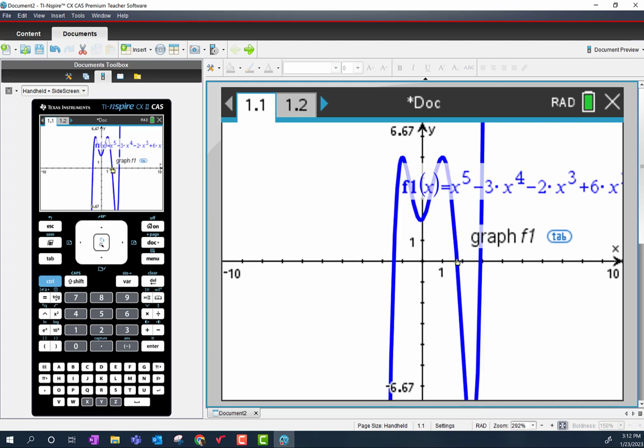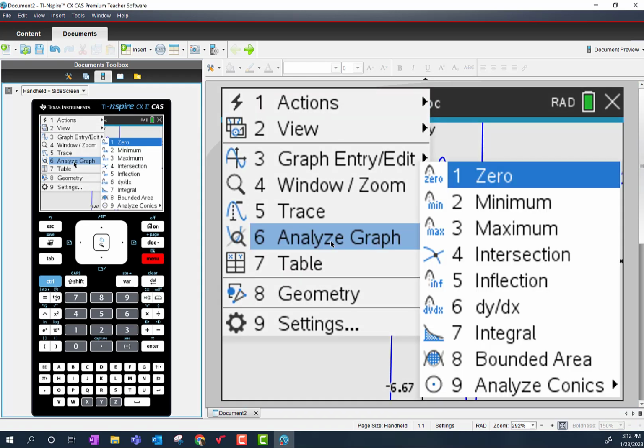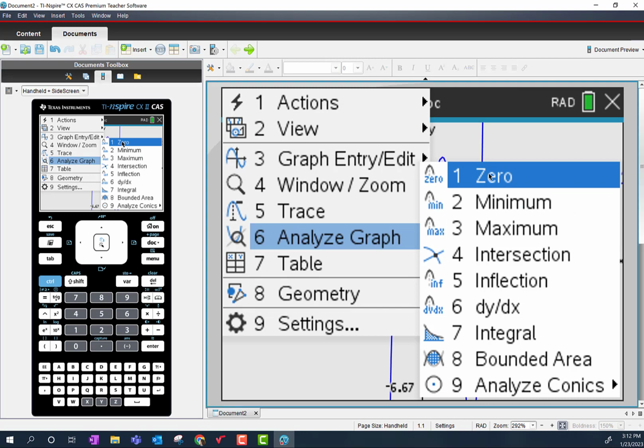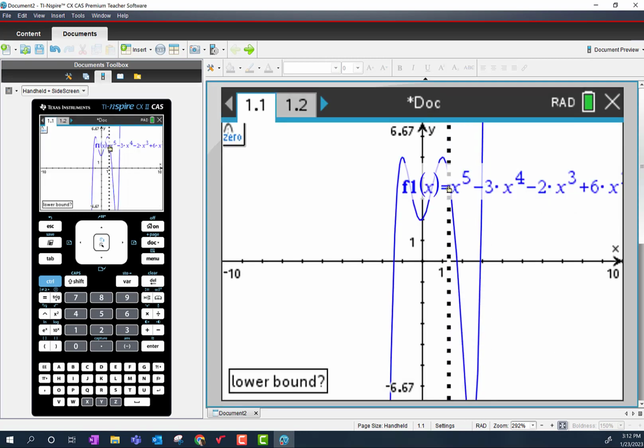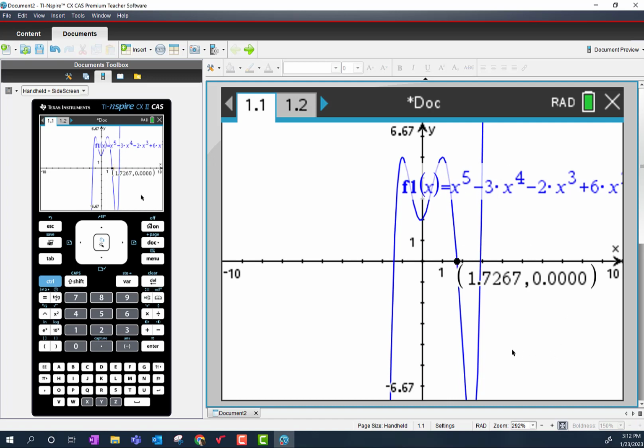We remember how to do that on our calculator, right? We do menu, analyze graph, zeros, and then I highlight it. So I want this one. This is the 0 I want. And look there, the 0 is at 1.7267. That's definitely between 1.7 and 1.8. So this is the actual c value.